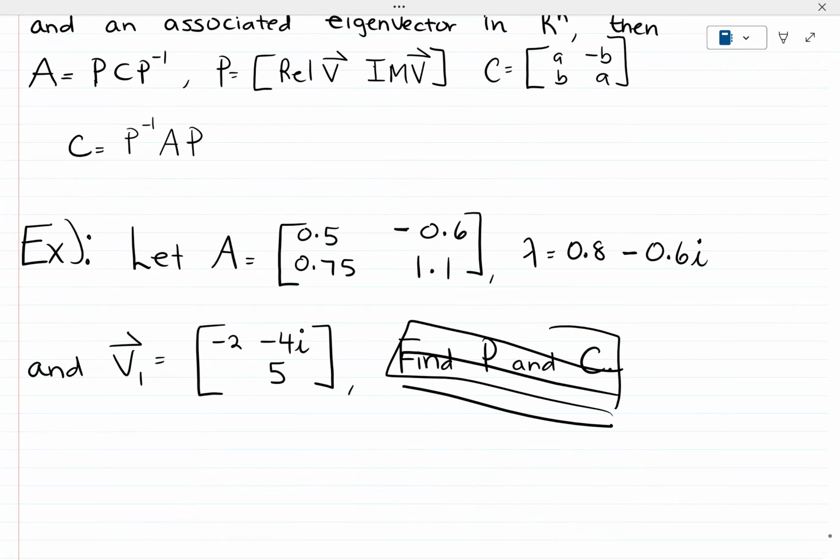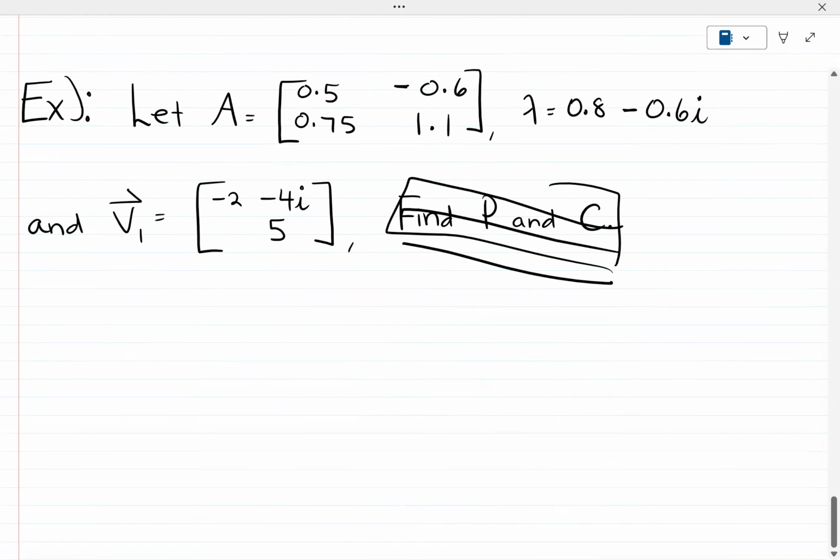Step one, I'm going to set it up like this. P is going to equal the real part of v and the imaginary part of vector v.